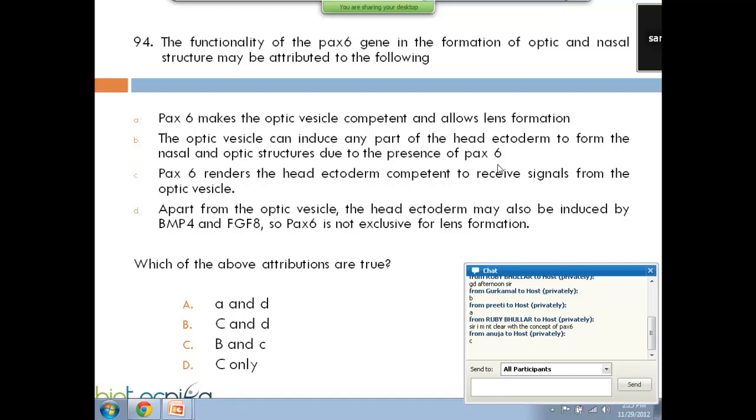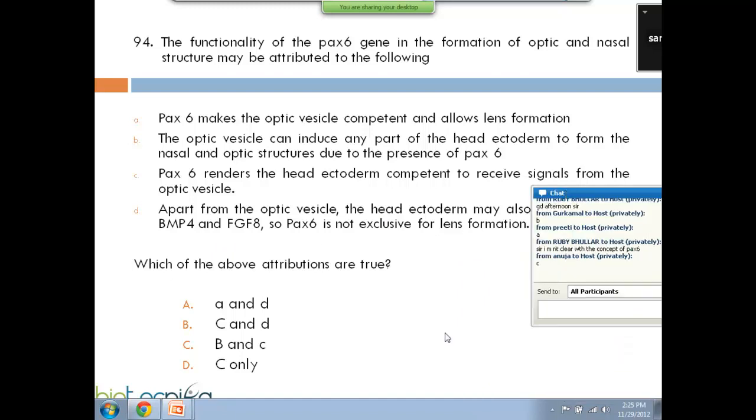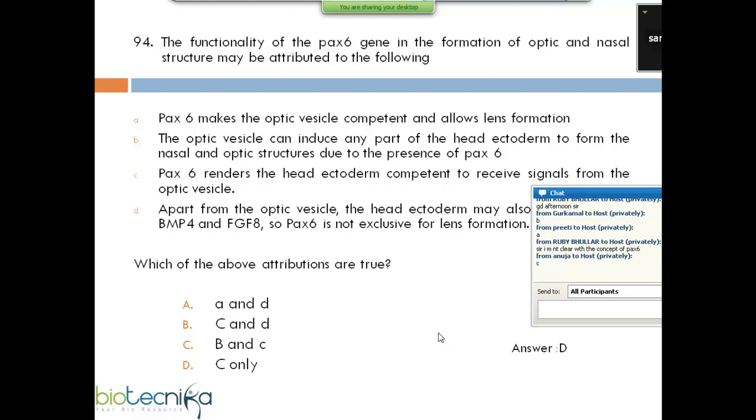And then the PARC-6 renders the head ectoderm competent to receive signals from the optic vesicle. Yes, this is a refined version of A, I can accept it. Apart from optic vesicle, the head ectoderm may not be induced by BMP. These are not at all proteins which are involved. The answer is C only, the straightforward answer.